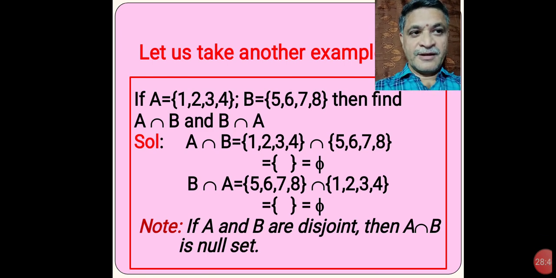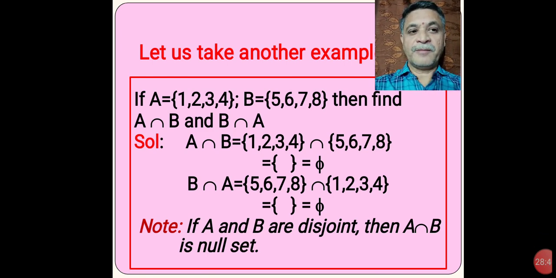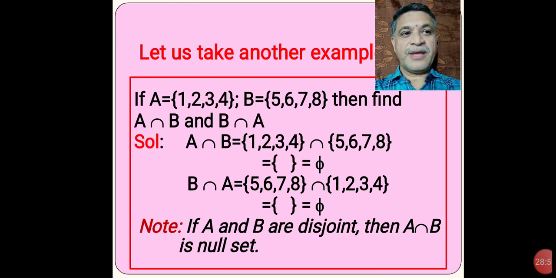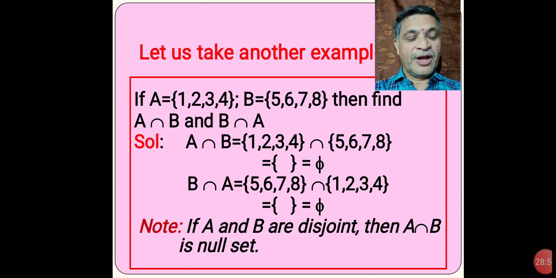And for B intersection A also, there is no common element, so you write simply phi, empty set. If A and B are disjoint sets, then A intersection B is the null set. If one is a subset of another, you write the small set as A intersection B. If both are disjoint, then you write the null set.